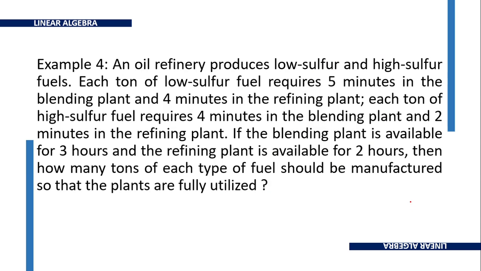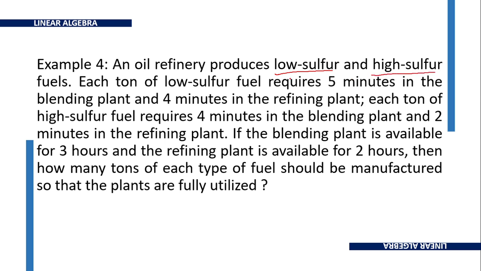Next, so this is a word problem, okay? And we need to analyze this to get the system of equations that we need to have, kasi yun yung gagamitin natin para ma-solve natin yung ating problem. So, for example 4, an oil refinery produces low sulfur and high sulfur fuels. So, meron tayong low sulfur and high sulfur fuels.